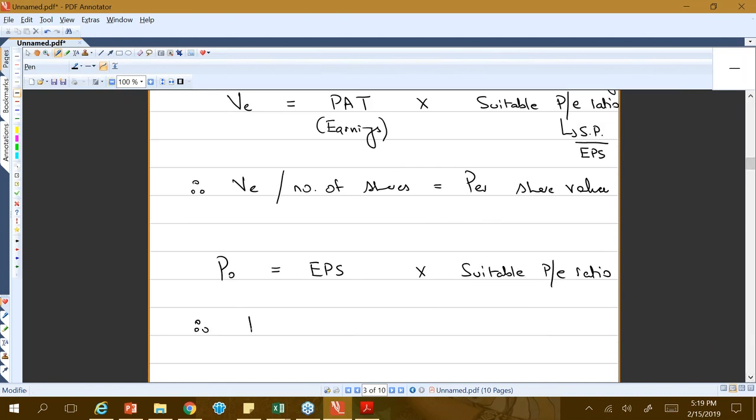And therefore, the per share value into the number of shares will give us the value of equity. Again, these answers would be the same. So be flexible in whatever way you want to use here to compute these things. There is no problem in terms of seeing different calculations. Now, that is the PE method of valuation, which is really simple, just a one-step calculation.